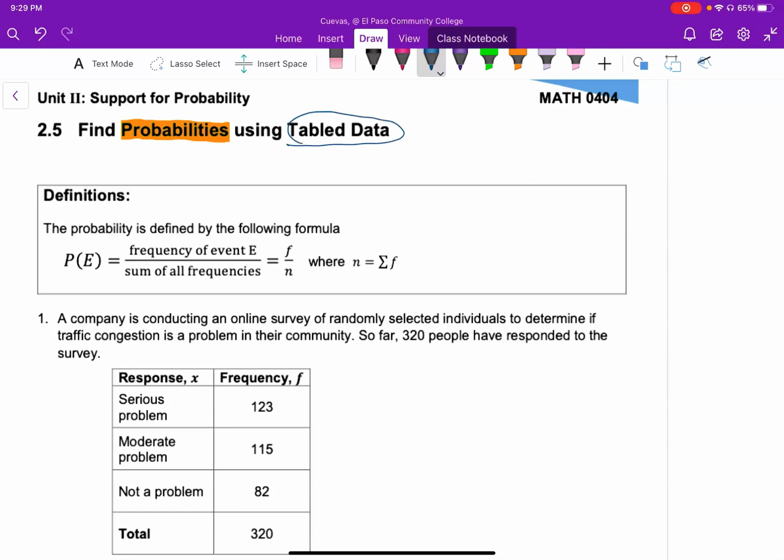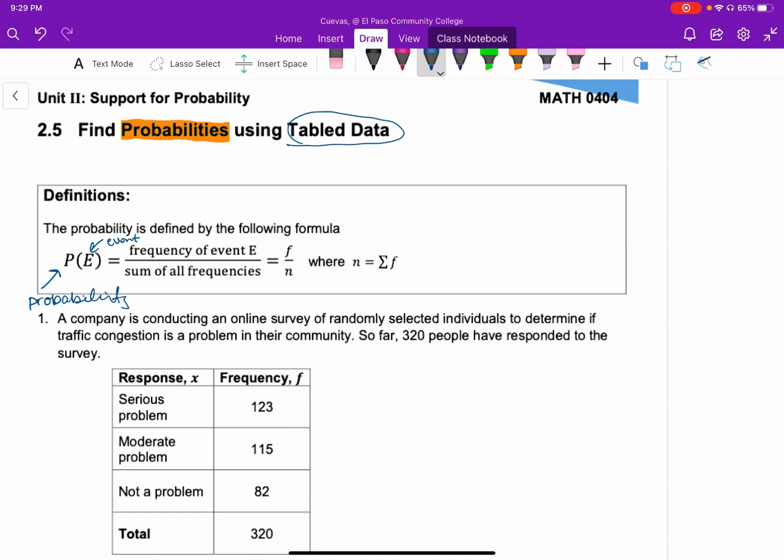So bringing back an idea that you saw in section 1 and the probabilities that we saw at the beginning of section 2. So here's a definition. The probability is defined from the following formula. The probability of E, I hope that you've been noticing that we always use P for probability. And then E, in this case, stands for event. So how do we find the probability?